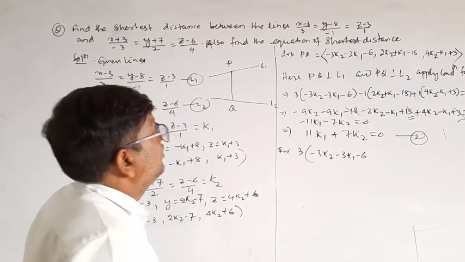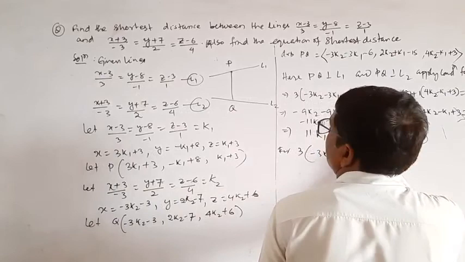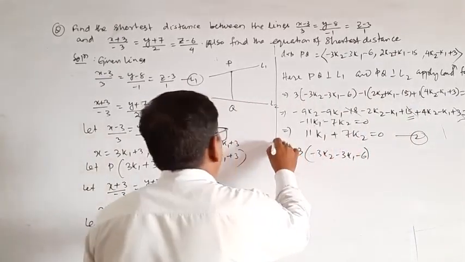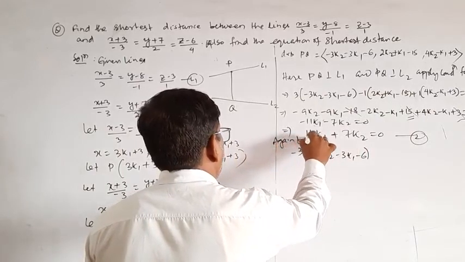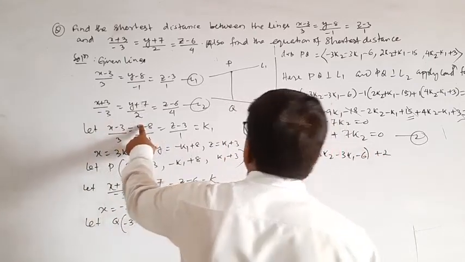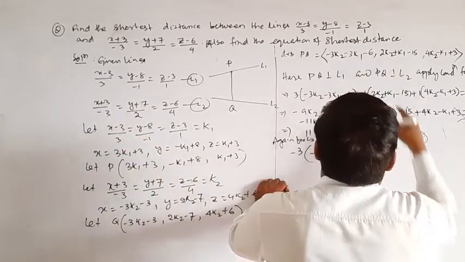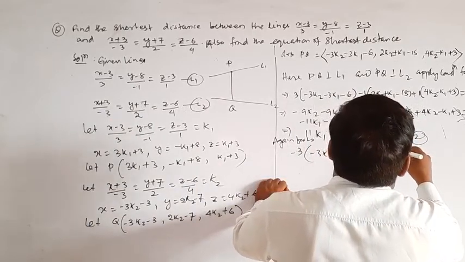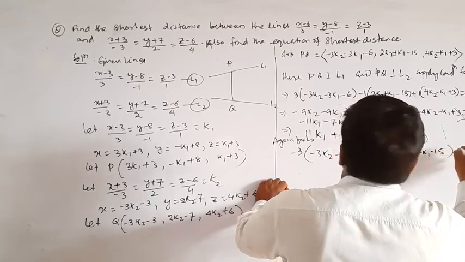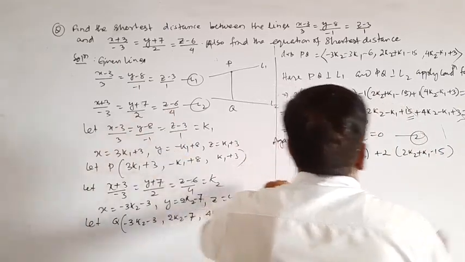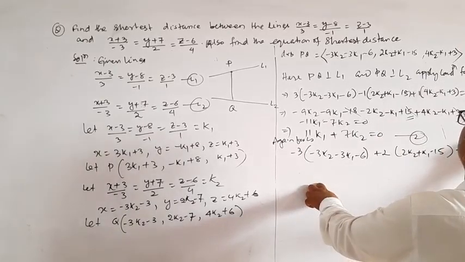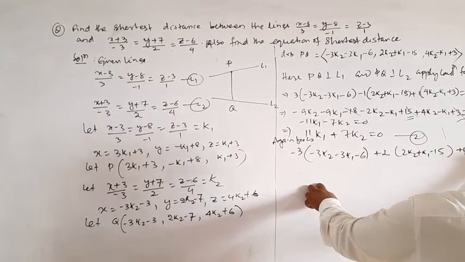And minus 3 into this, again for L2, plus 2 into 2k2 plus k1 minus 15, and plus 4 into 4k2 minus k1 plus 3 is equal to 0.